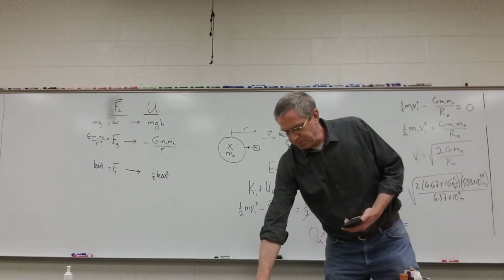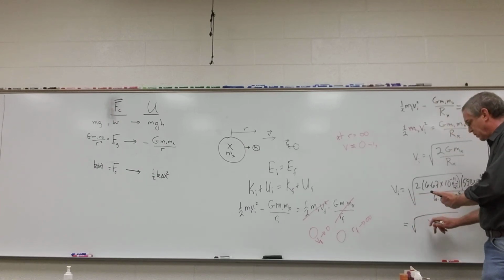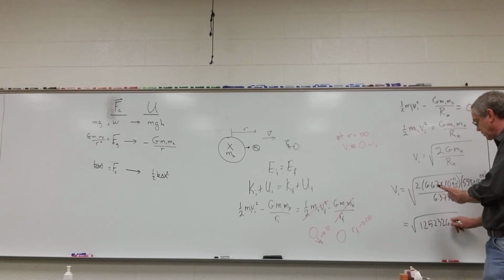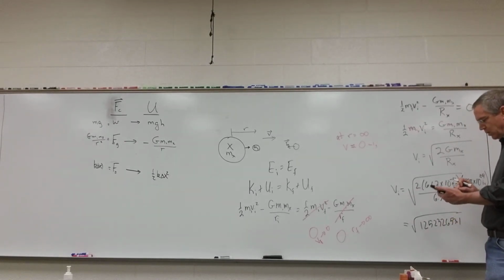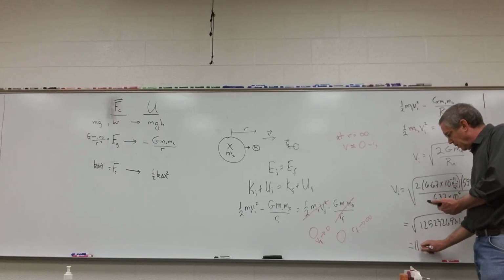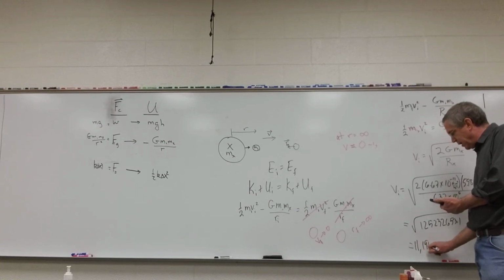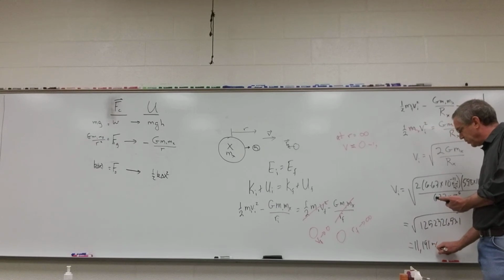So this becomes the square root of 125232653.1, and the square root of that is 11,190, I'll just round off, 191 meters per second.